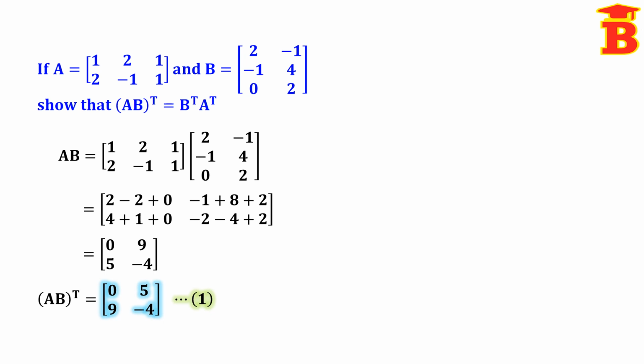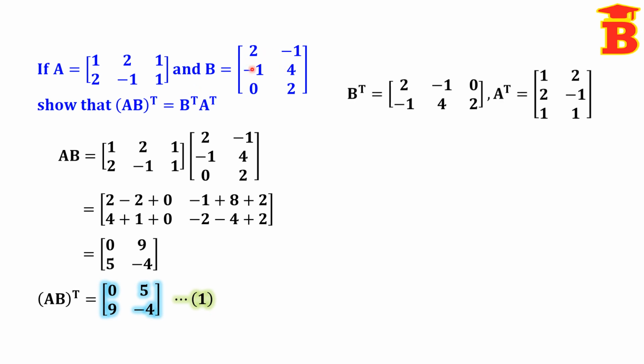This is the left hand side, so take it as equation 1. Now we have to find the right hand side. In the right hand side we have B transpose into A transpose. So A and B are already given matrices, just take the transpose, after that multiply. First B transpose.